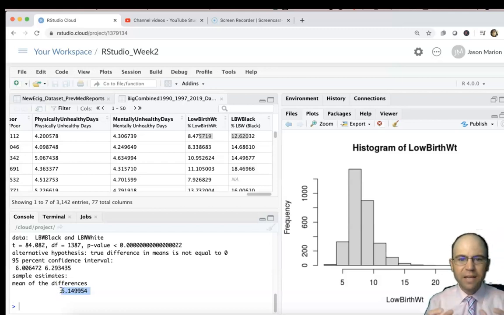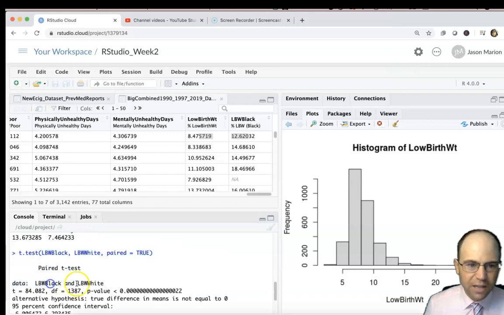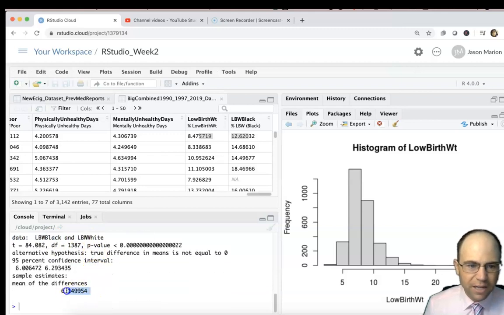And it says the mean difference between each county in the United States, if you were to subtract the differences or add whatever, you get the differences. The mean difference between the white community in the county and the black community in the same county is 6.14. And that difference is also statistically significant. So those are paired t-test approaches.